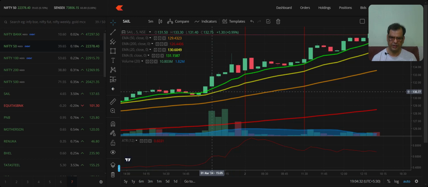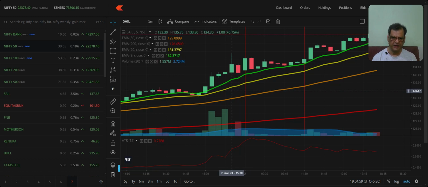130.60, just a minute. 131.60 you enter, and I would like you to square off before this candle or in this candle, because we are nearing the last 5 minutes. You don't want your trade to be cut off by the broker. They're going to charge you some 50, 60 bucks or whatever plus GST as penalty for auto cutoff.